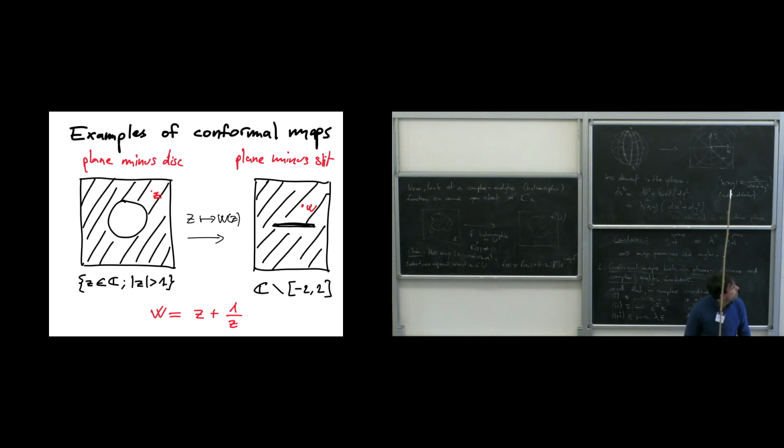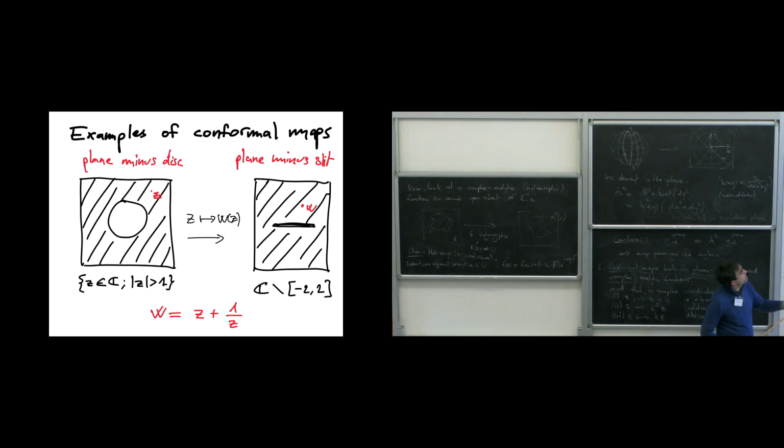Okay, another example, which I think you mentioned earlier, is, do you want to say the name of this one? Say it louder. Yes. Okay, I say Zhukovsky, but this is just because my Russian is very bad, or inexistent actually. So anyway, this is also a map that is particularly useful for applications.